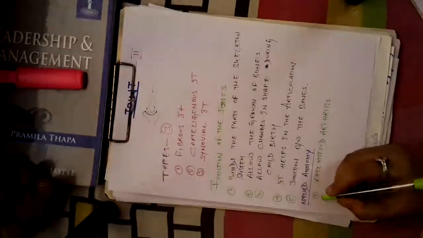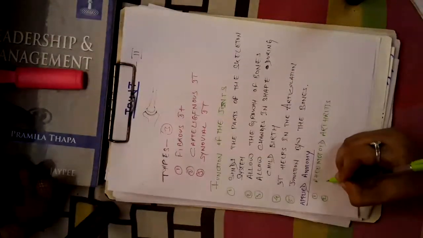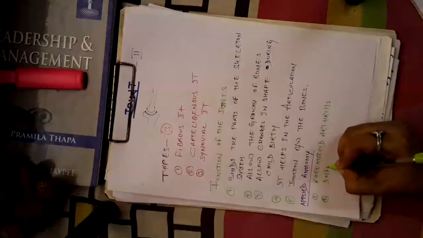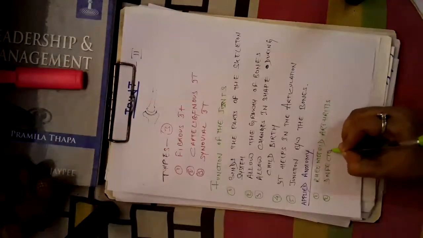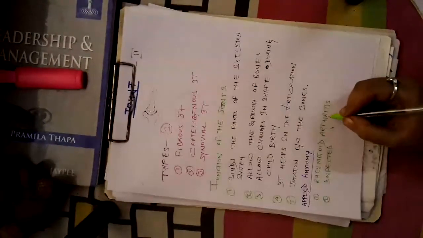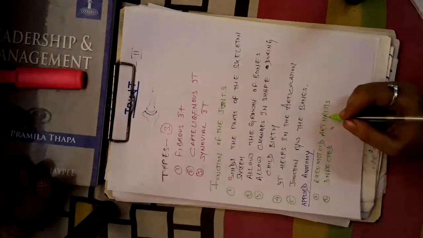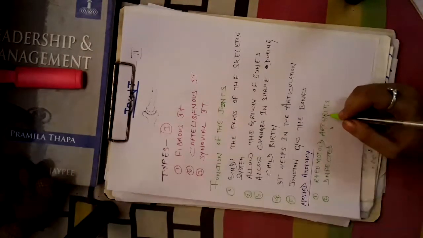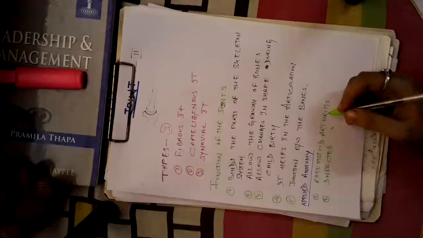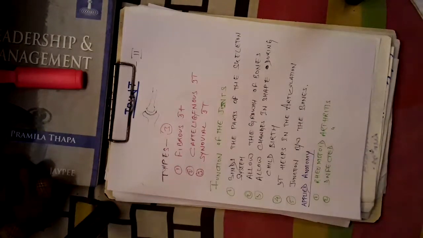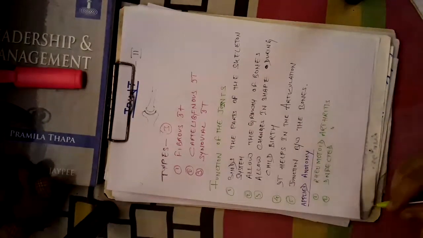The second one is infected arthritis. The infected arthritis is a septic arthritis, it usually results from blood infections. And the third one is osteoarthritis.